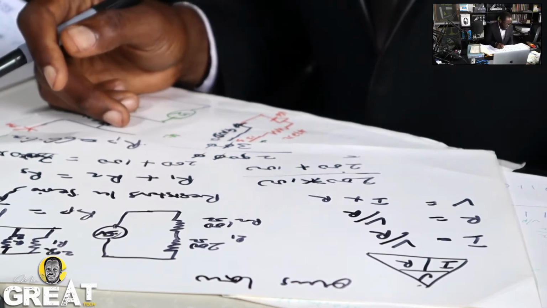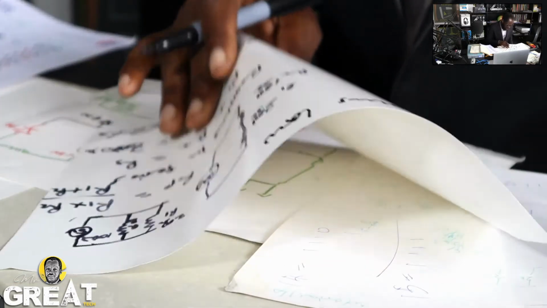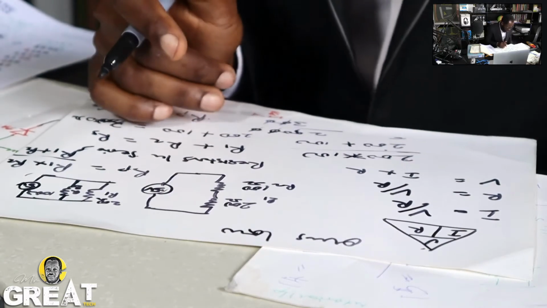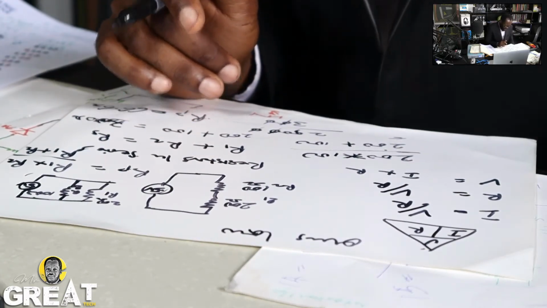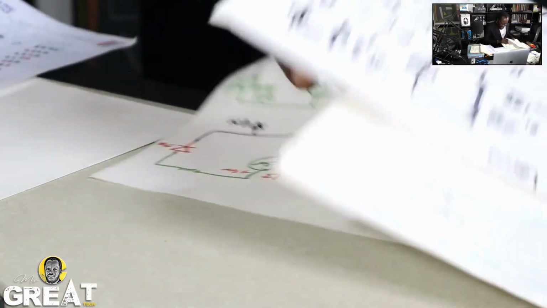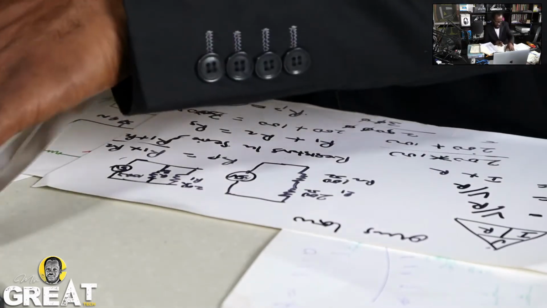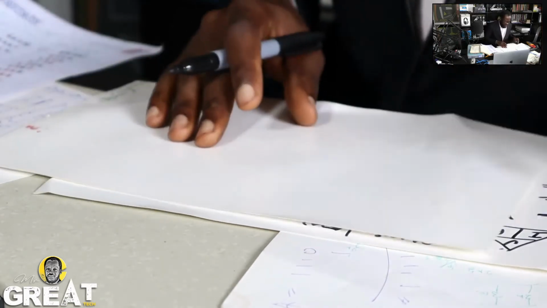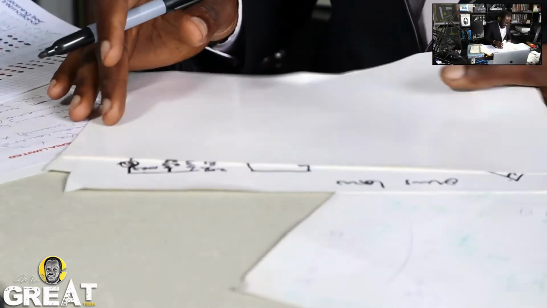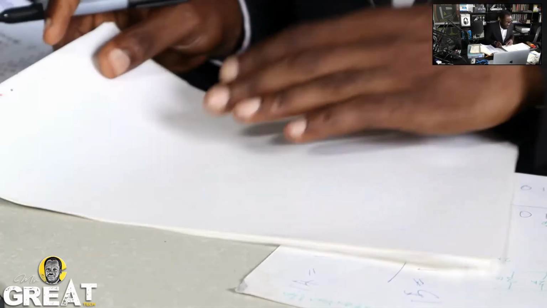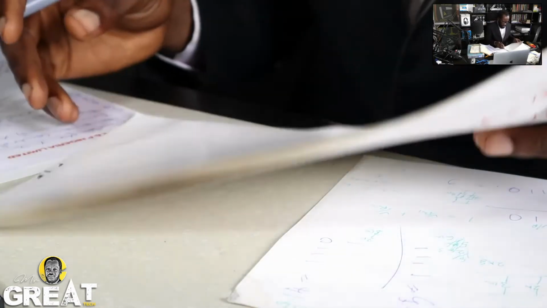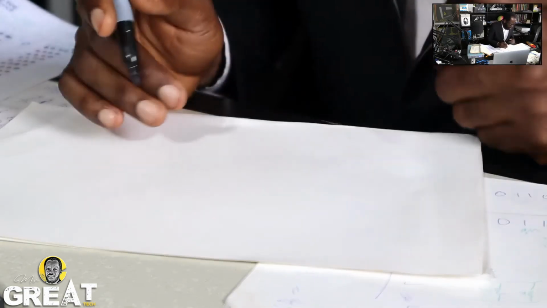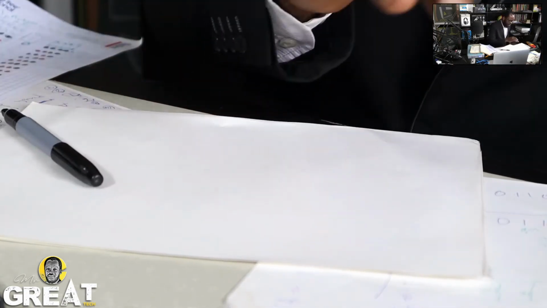So now we are going to calculate based on the current. Let's make a very simple circuit, use our resistors and see what values of current we can get.